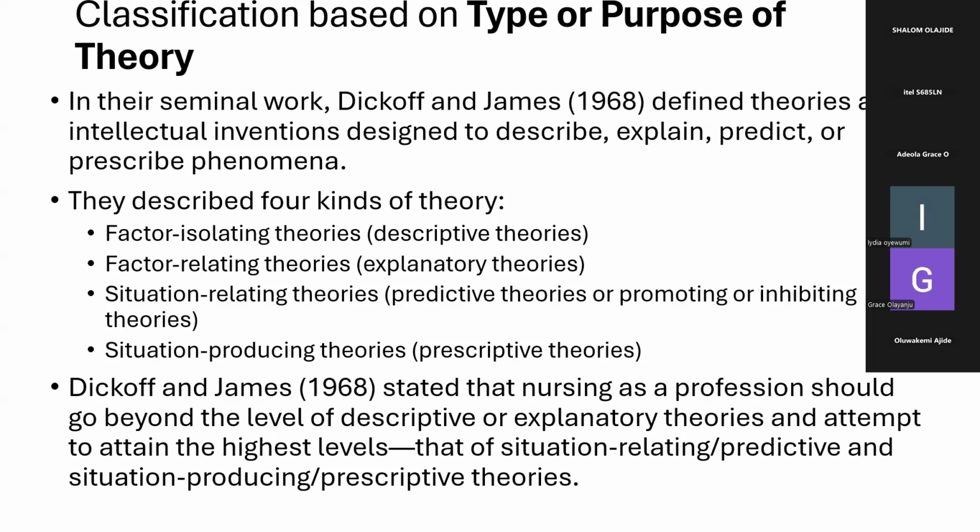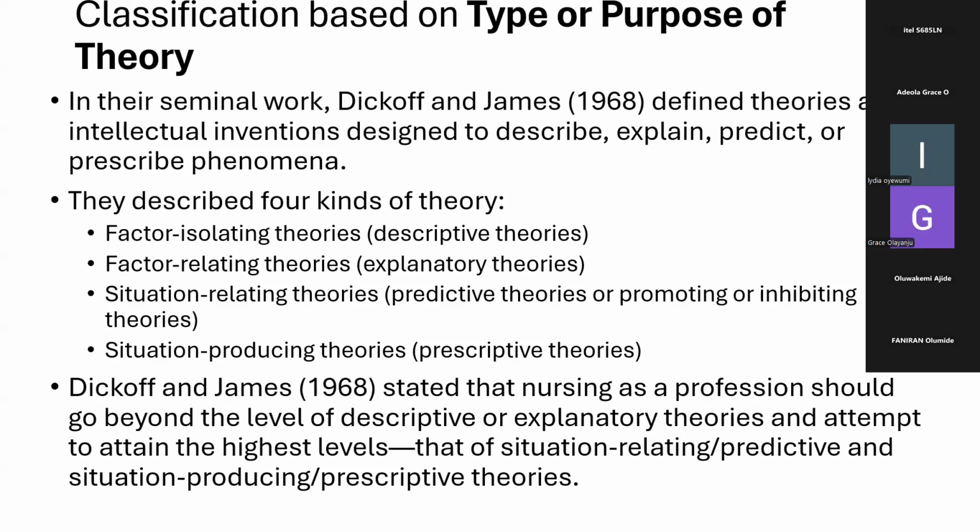The descriptive is also called factor isolating theory, because all they do is describe. They do not tell us connection. They just tell us, okay, this exists. They do not tell us any relationship or any connection. That is descriptive theories. Okay?